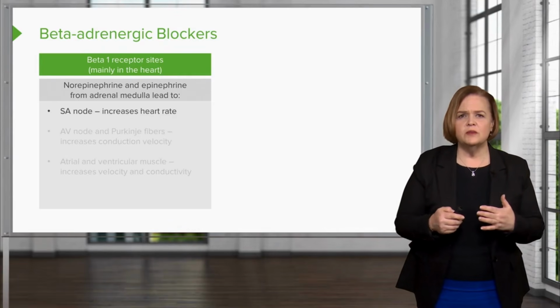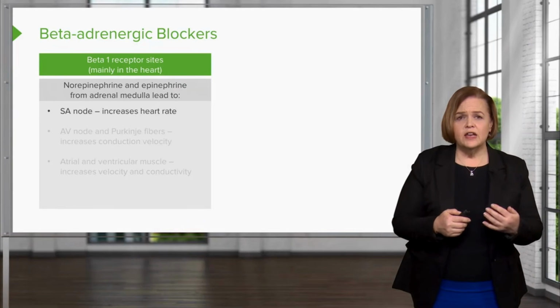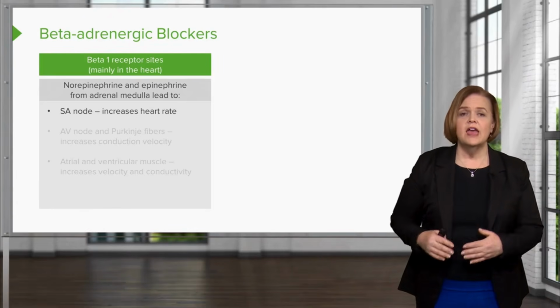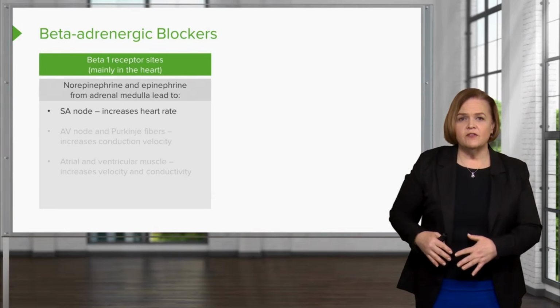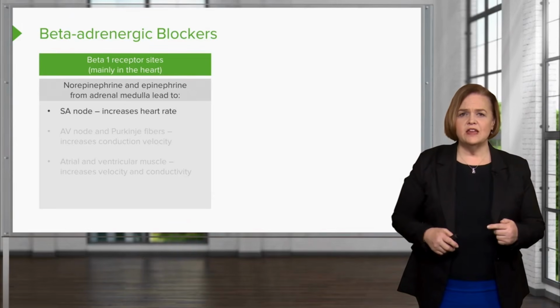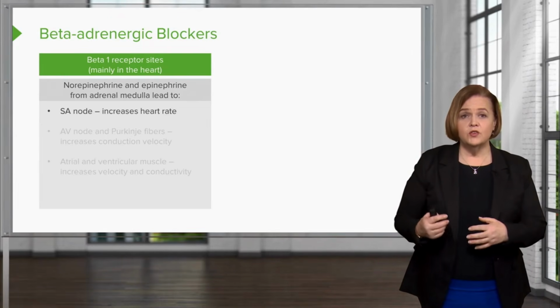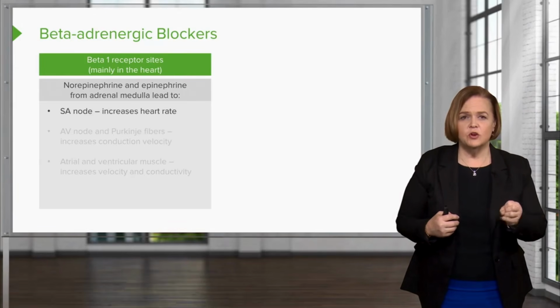See, beta-1 receptor sites are predominantly in the heart. Norepinephrine and epinephrine are the substances that come out of the adrenal medulla, and here's what happens when they squirt out. The SA node of the heart, that's the pacemaker of your heart. When those beta receptors receive epinephrine or norepinephrine, the SA node goes faster.